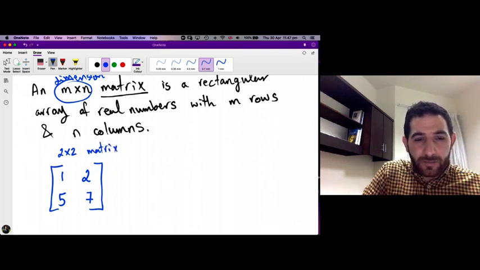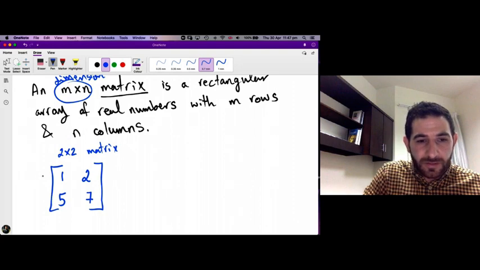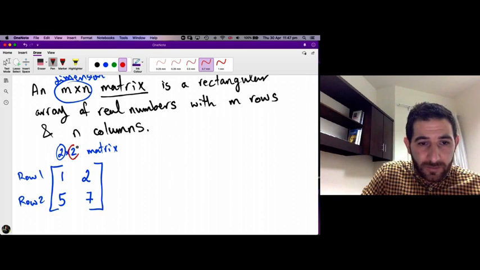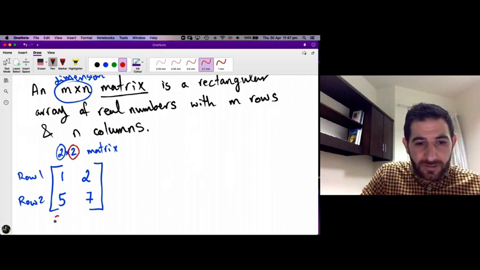The first number m is the number of rows, so this is row 1, the first row, and this is row 2. So this number 2 is for the number of rows, and this number 2 is for the number of columns. So this is column 1 and this is column 2.